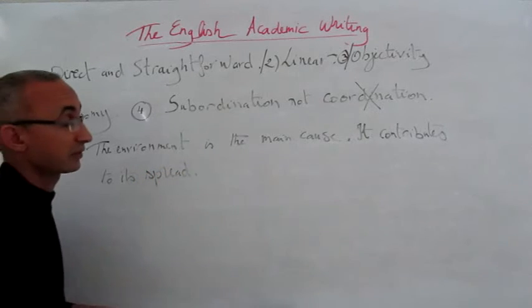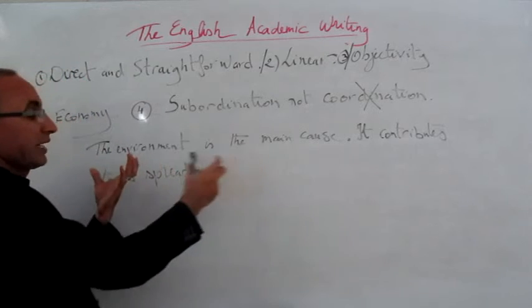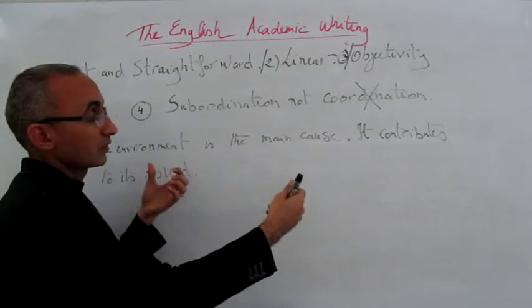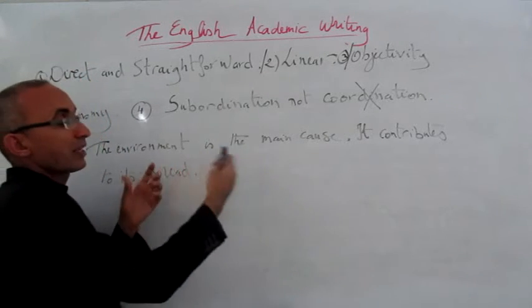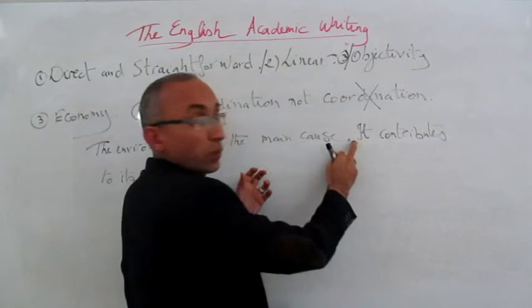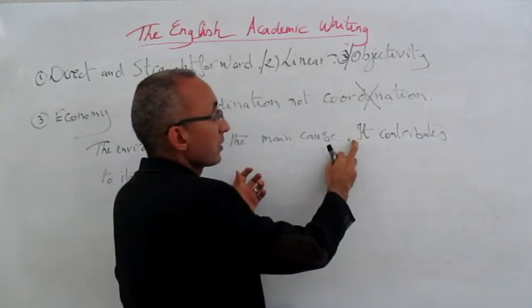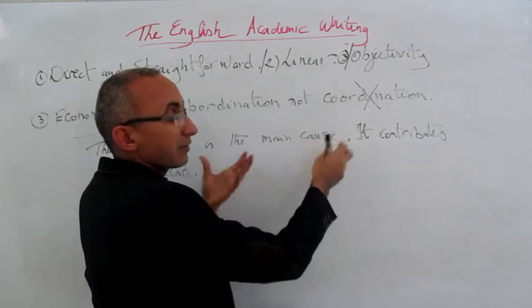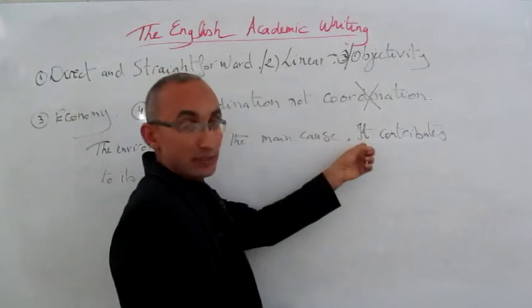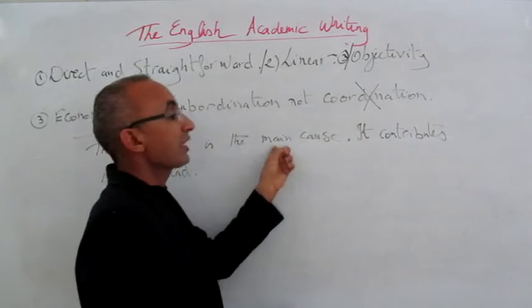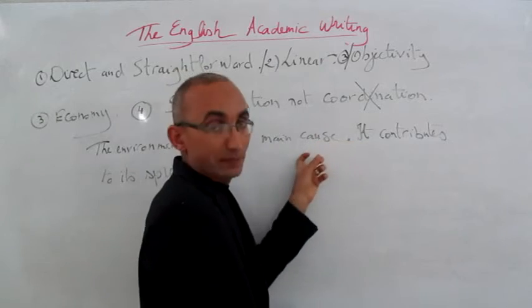So here, as you see, I have two ideas which are separate. There is no coordination, no link word, no conjunction between them, but the second one is subordinate to the first one and related to it in terms of meaning.